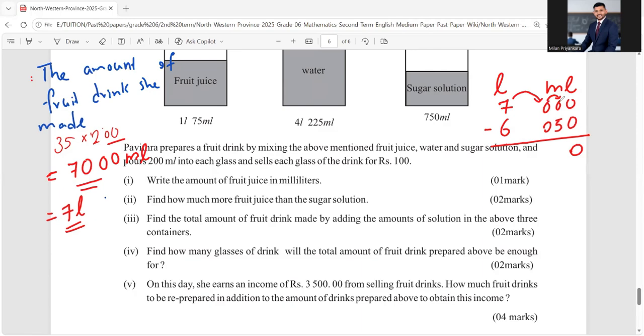Then this becomes 10 and this becomes 9. I think you understand that, right? And then 10 minus 5 is 5. This is 9. 9 minus 0 is 9. Okay. 6 minus 6 is 0. Now you can write the additional amount is 950 milliliters. Okay. So I hope you understand this. So this is the answer for the final part of this question.